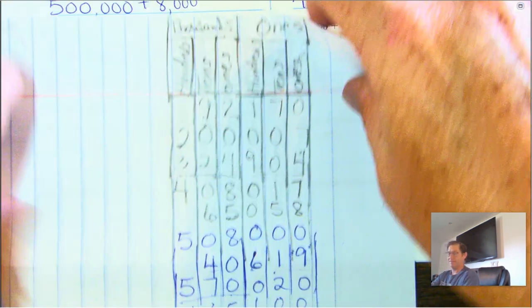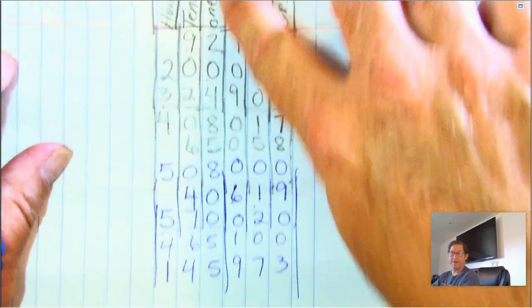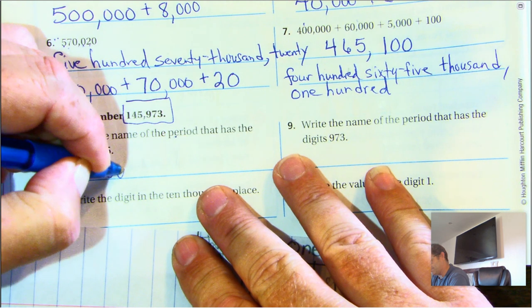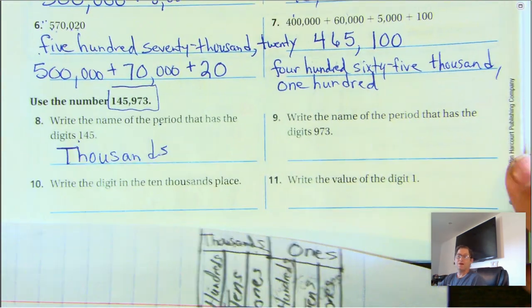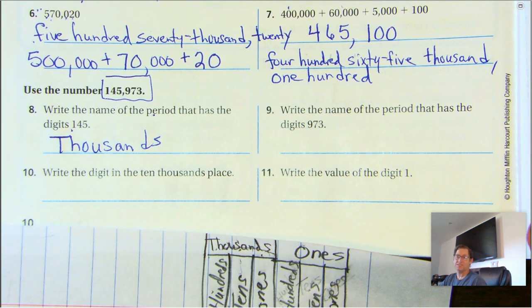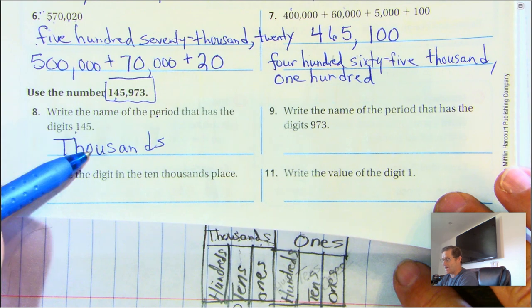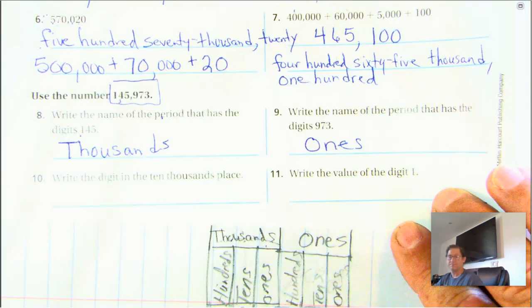So we notice that the 1, 4, 5 is in the thousands period. So just write thousands. Write the name of the period that has the digits 9, 7, 3. Well, if 145 is the thousands, the other period has to be ones.